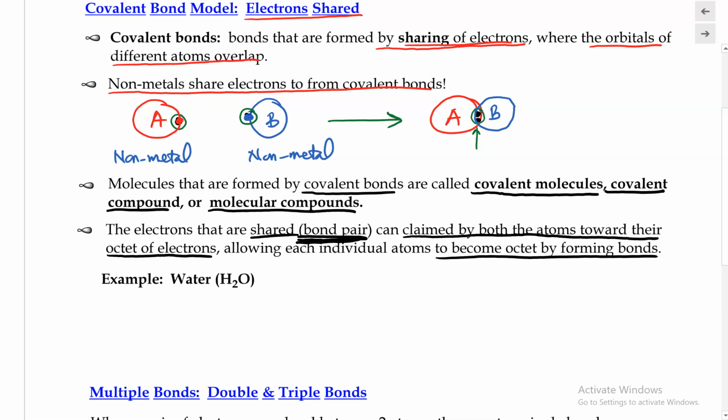But once they share this electron together, atom A can now say it has two valence electrons. And same thing, atom B can claim this electron as well, so atom B can also claim to have two electrons as part of its octet too. So that is basically the advantage of forming bonds, and how forming bonds allows the atom to get closer to an octet of electrons.